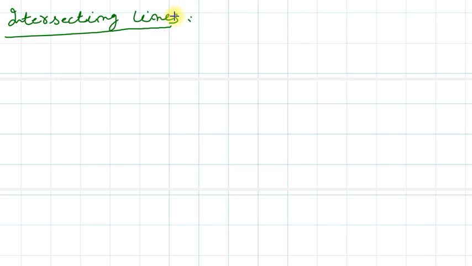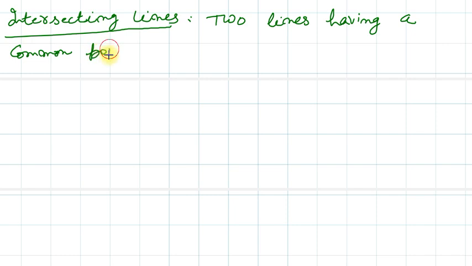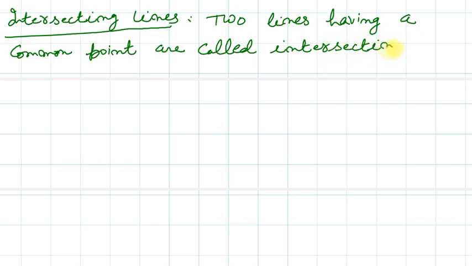So two lines having a common point are called intersecting lines, right?